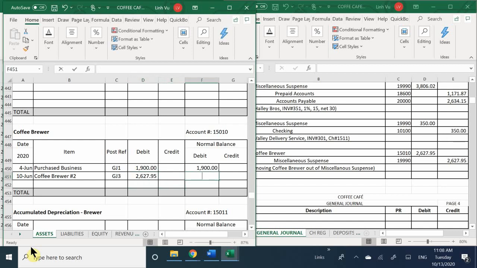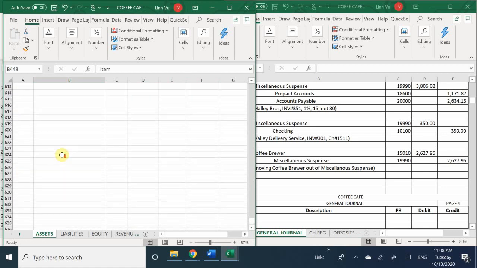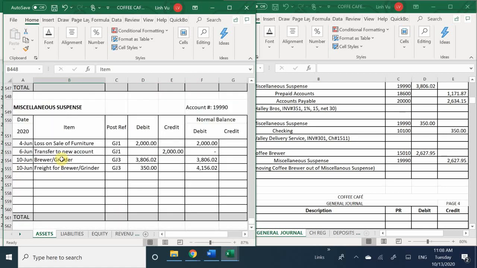So that means we're bringing up a grand total of $4,527.95 worth of coffee brewers. And then we also need to update our last account, which is the miscellaneous expense, because we decided to take out.